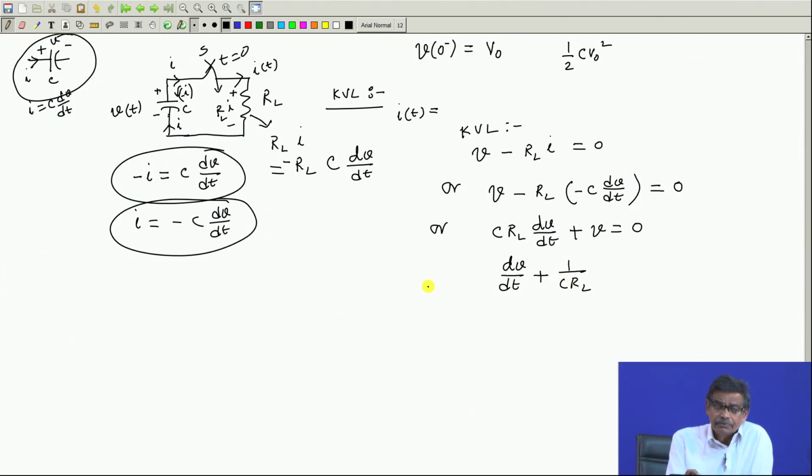R L I have not written R simply to tell you that I am using the energy in a load resistance, that is all. It could be R as well.